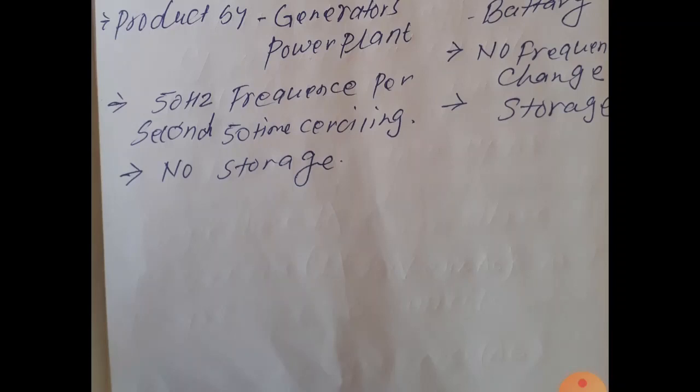DC current is used in normal systems, like your motorcycle, which has a DC battery, and your bus, car, and tractor have batteries, so they use DC current.